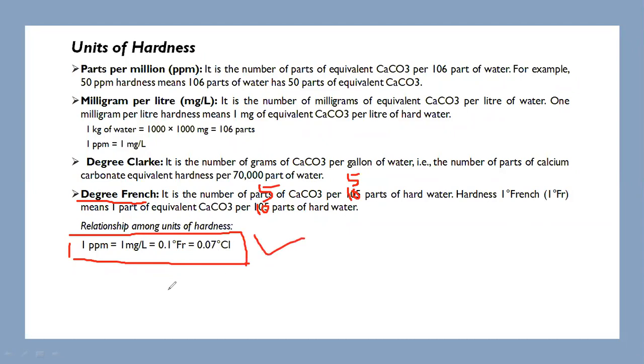This is the relationship which may be asked in examination. And this is also important as far as examination is concerned, units of hardness. The definitions you should remember.